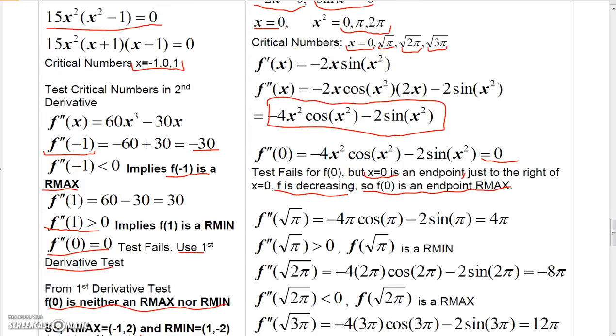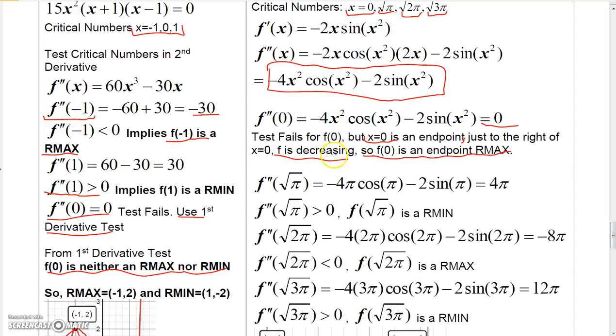Now for square root of pi, I'll let you do the math. I had to use a calculator. When I plugged square root of pi into the second derivative, I ended up getting 4 pi. And 4 pi is a positive number, so that means that f of square root of pi must be a relative min.